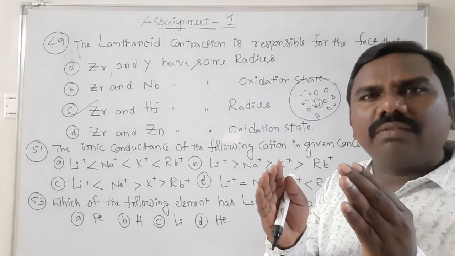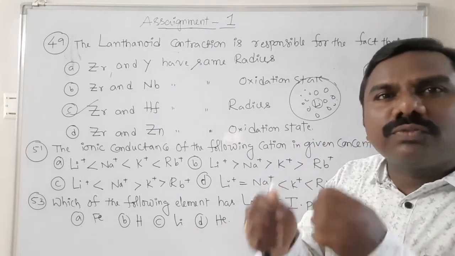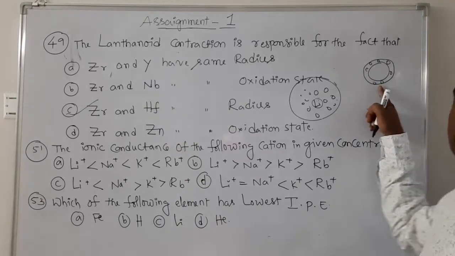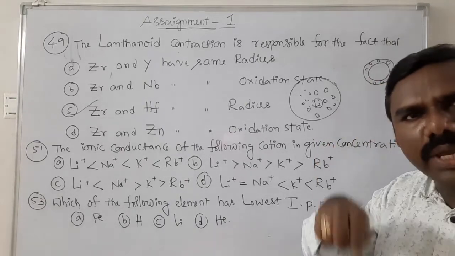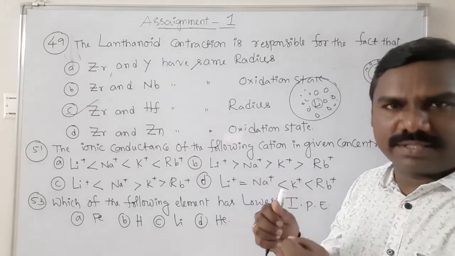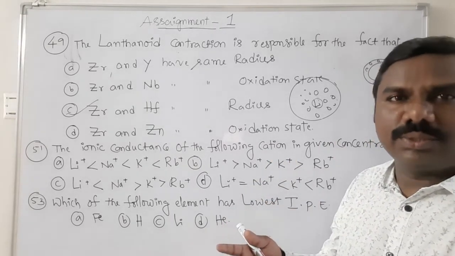If the ion in aqueous medium is smaller, it can move faster. Understood all of you? So after solvation, rubidium size will be lower, it migrates easily and can move fast. Conductance will be more in ionic solution.